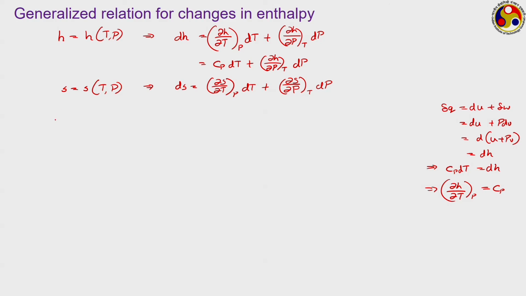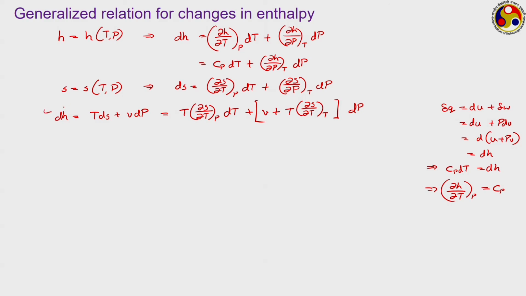Now, we make use of the second Gibbs equation, where we have dH is equal to T dS plus V dP, to get T ∂S/∂T at P dT plus V plus T ∂S/∂P at T dP.